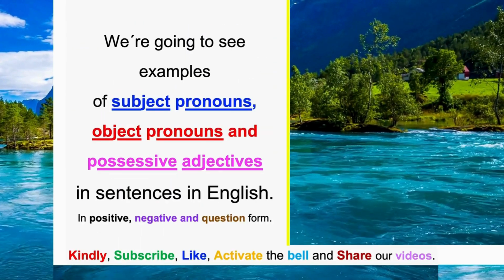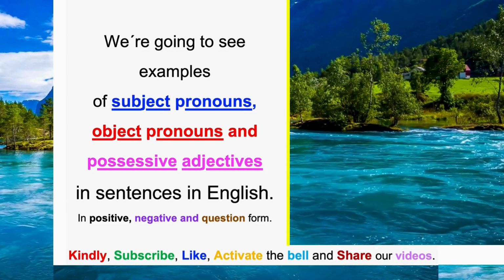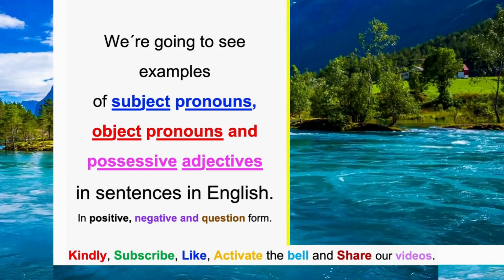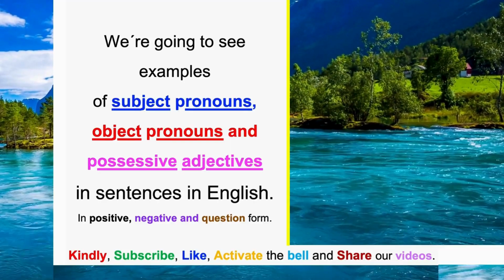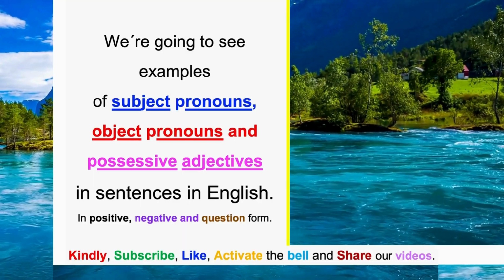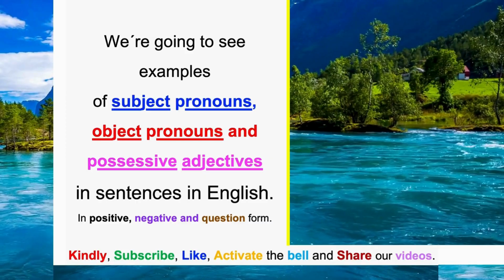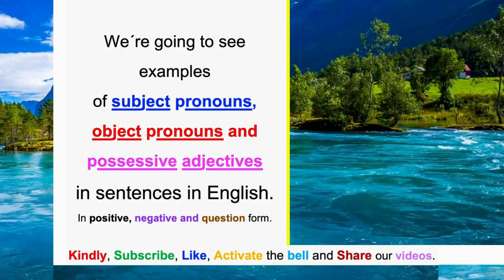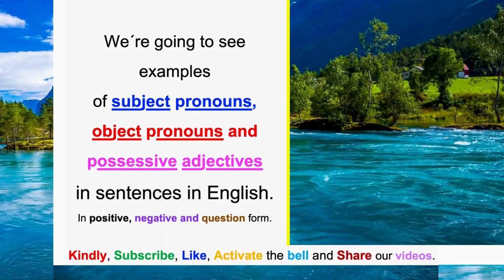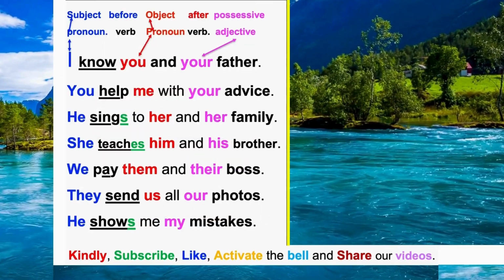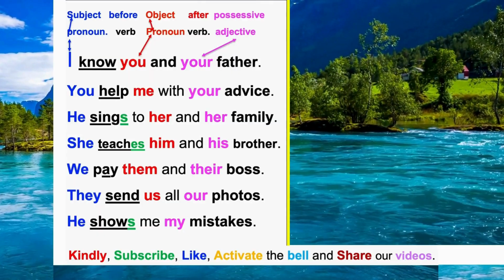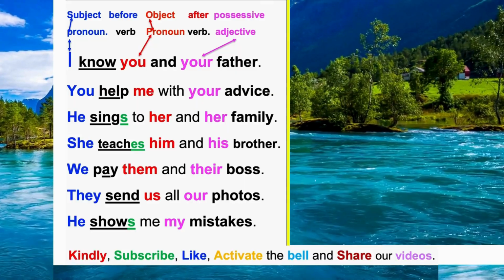We're going to see examples of subject pronouns, object pronouns, and possessive adjectives in sentences in English, in positive, negative, and question form. So we are going to see all of them in one sentence. Let's see the first example. I know you and your father.